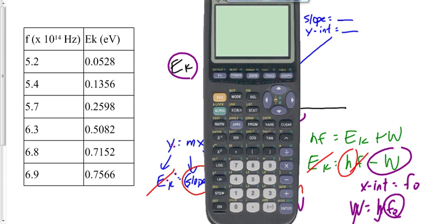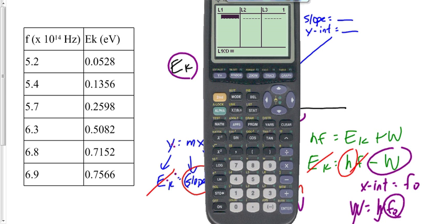Hit the button that says stat right here. Then you're going to have all kinds of options. You're going to click the very first one, edit. So hit stat, enter, and you're going to see a table that looks something like this. It should be blank. If it's not blank, just go through each of the places that has numbers in it and delete them.